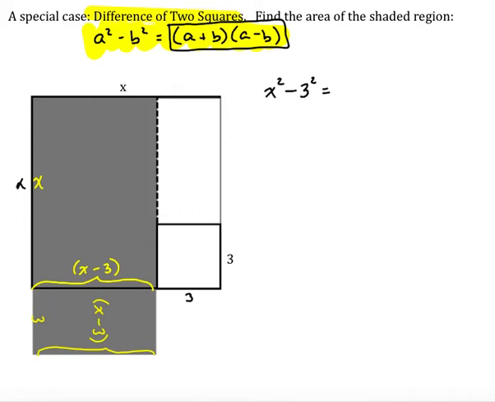And this length here was x, but now I'm adding on this 3 here. And this piece here, this side on the top, was x, but I've taken away the 3 from this side. So I have the two dimensions of this new rectangle as x plus 3 times x minus 3.